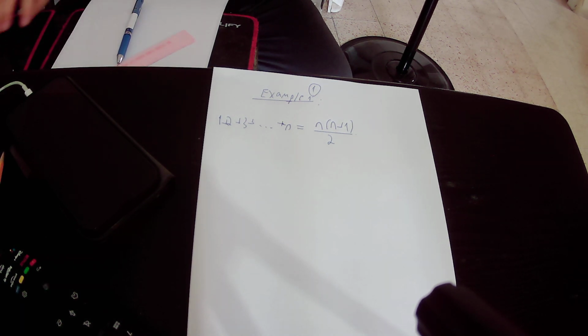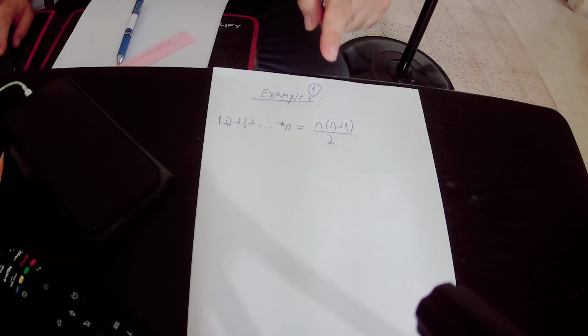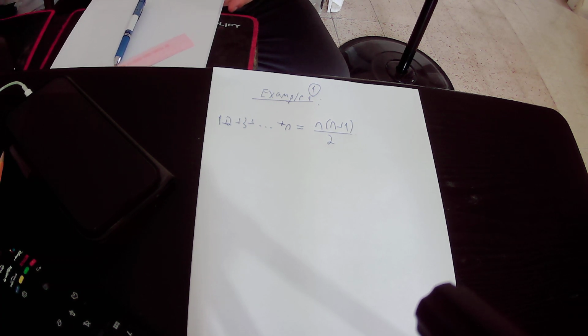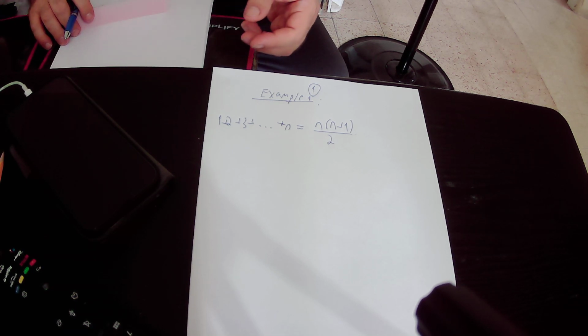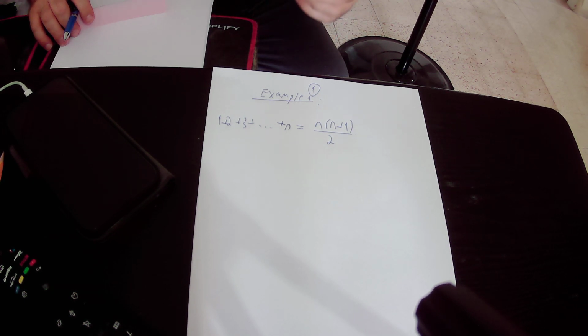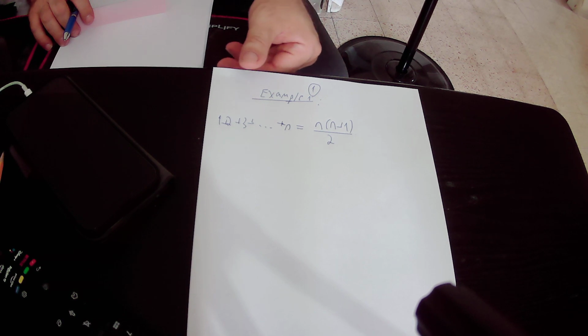Or it actually says that the sum of the natural numbers until n equals n times n plus 1 divided by 2. So we will start with the first step. That is to say, we will check this statement for n equals 1. We will check if that statement is true for n equals 1.